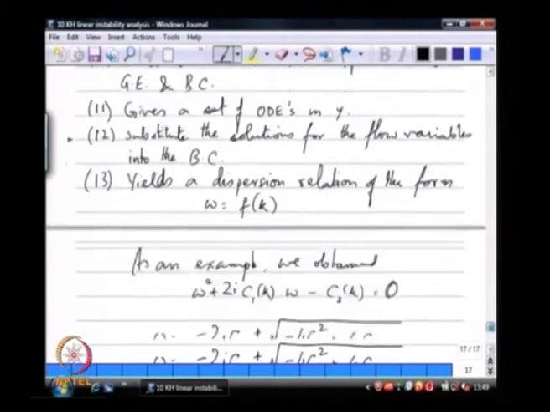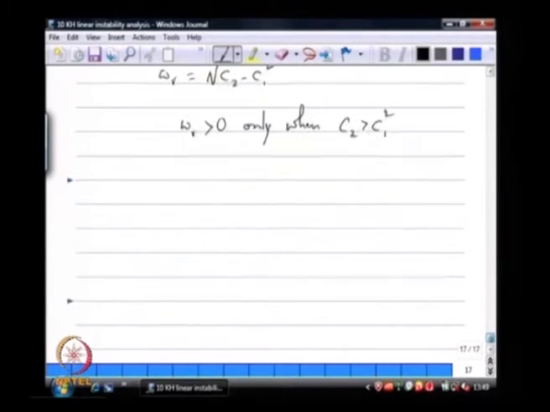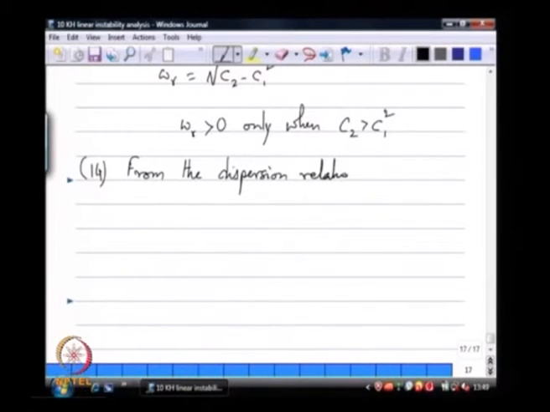So, essentially we have a dispersion relation, and from the dispersion relation we can identify two things.